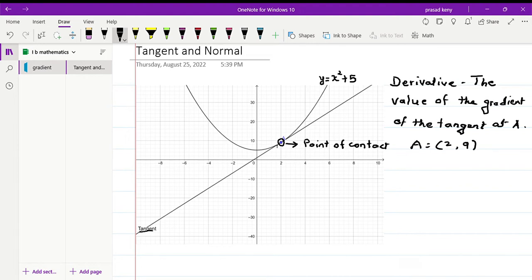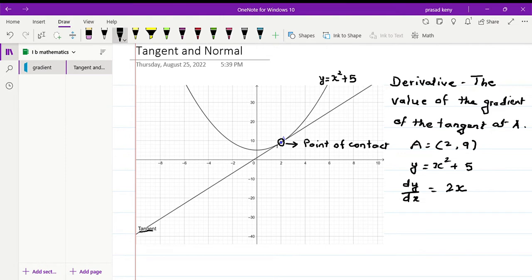So what will be the gradient of the tangent? y is equal to x square plus 5 is the function, so differentiate it. dy by dx, that is the derivative: x square, derivative 2x, and 5, derivative is 0 because it is a constant.